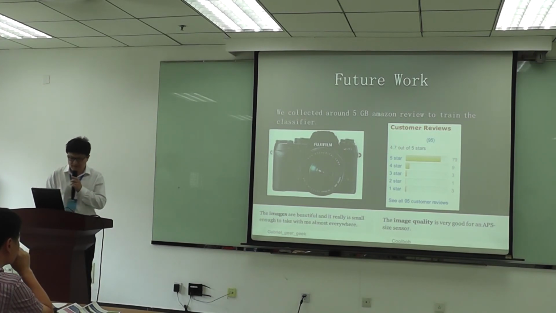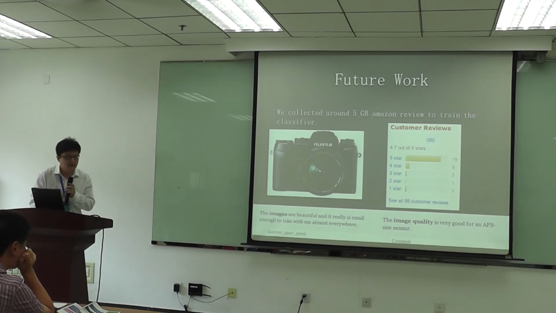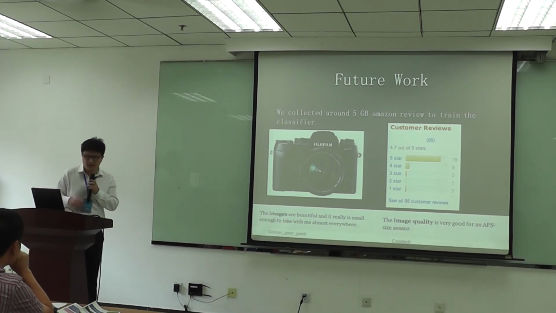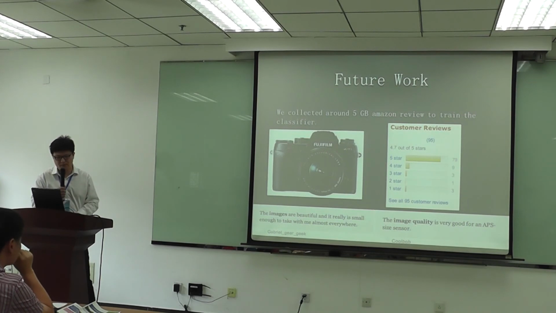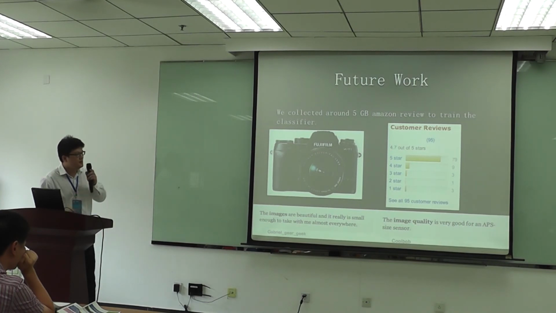So what we found is we learned those common attributes or common terms in each category. For example, digital cameras. Say there are 100 reviews for this type of camera, the Fujifilm X-T1. And then say maybe 77 of them mention sensor size, and maybe 15 of them mention focus as a common term.